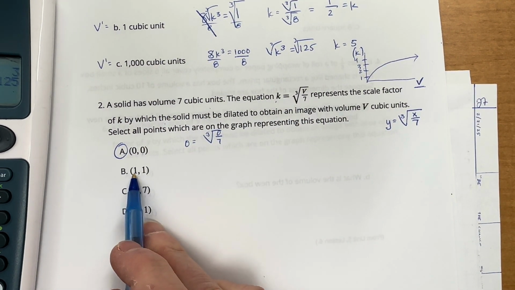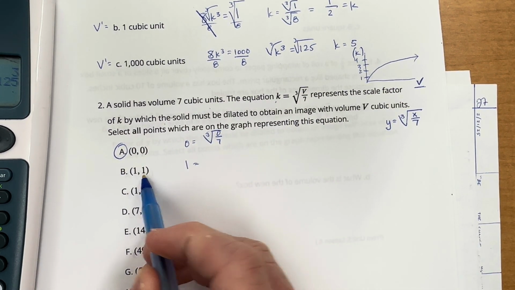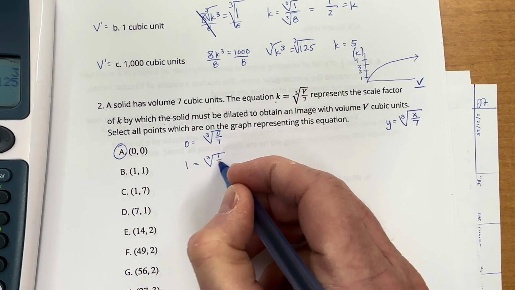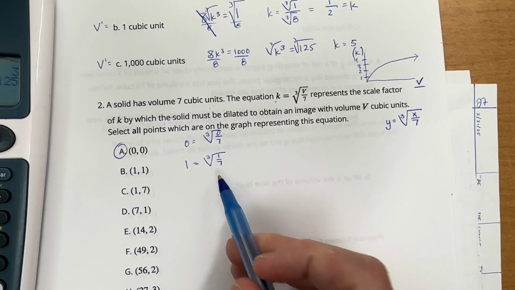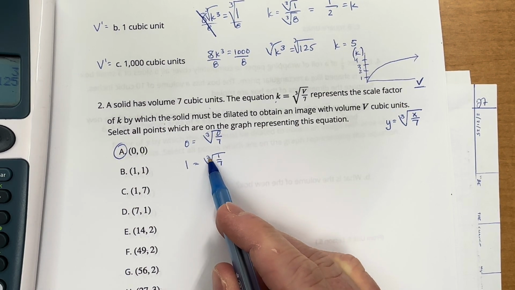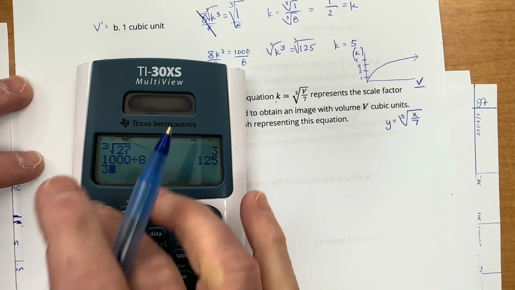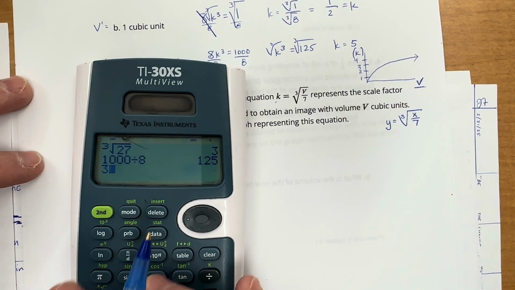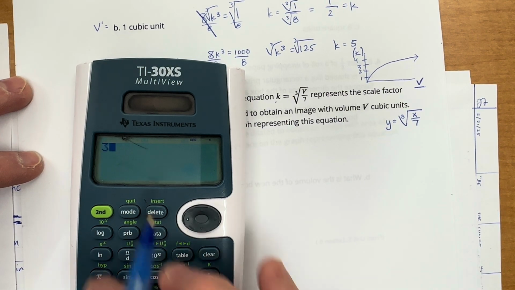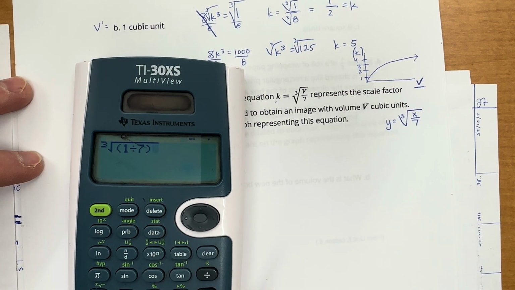All right, let's try this again. 1. Does 1, the y-coordinate, equal the cube root of 1 over 7? No. And I can show you if you need it. 3 second up arrow, and then you can go 1 divided by 7.